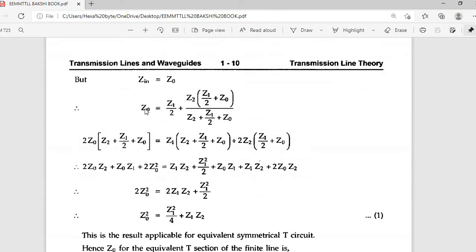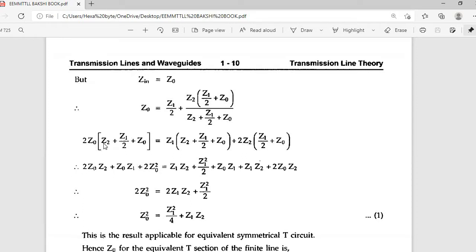Now we do the LCM. Finally we get 2 Z0 times Z2 plus Z1 by 2 plus Z0 is equal to Z1 times Z2 plus Z1 by 2 plus Z0 plus 2 Z2 times Z1 by 2 plus Z0.